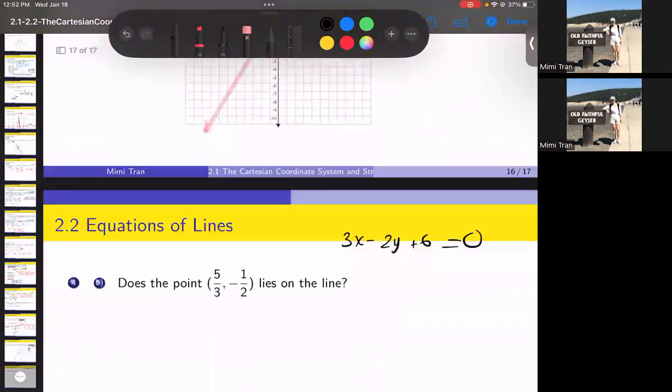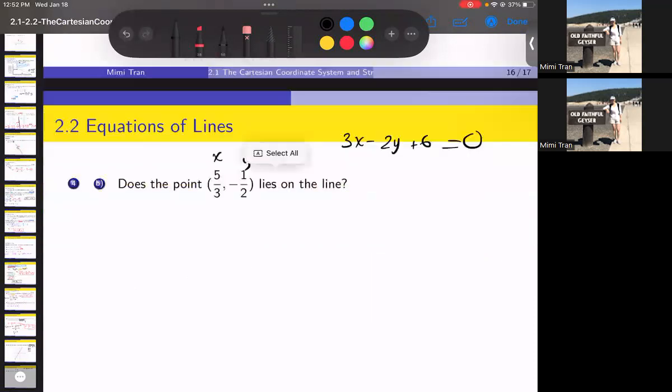If the point lies on the line, what does that mean? When you plug it in, what happens? If a point lies on a line, that point is a solution of the equation, right? Then when I plug it in, what happens? Zero, right? It's the solution. So when you plug it in, it becomes 0.